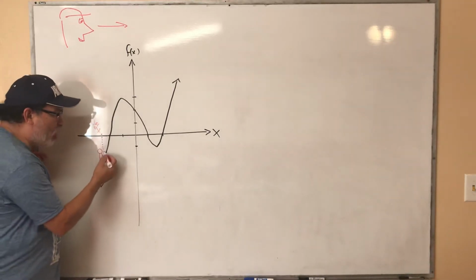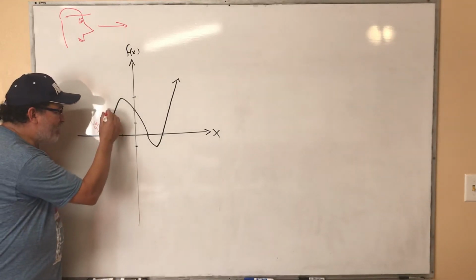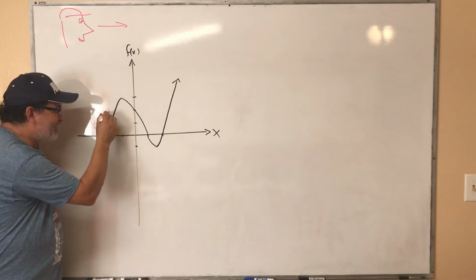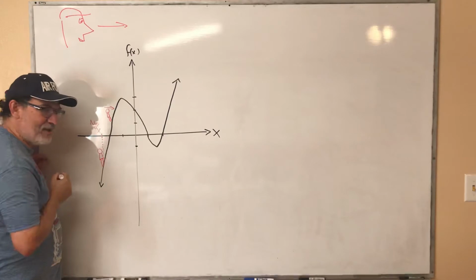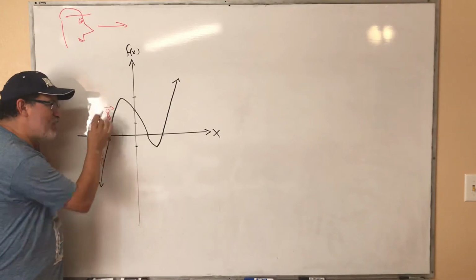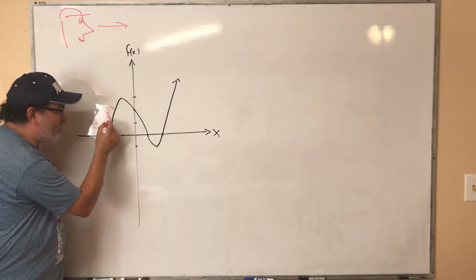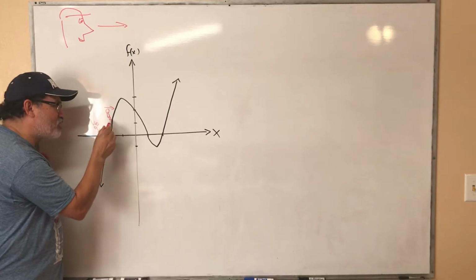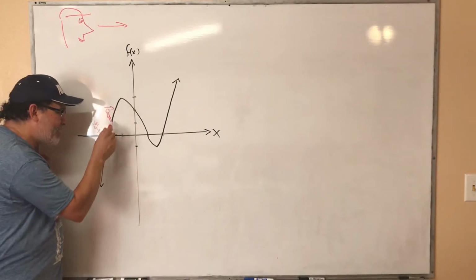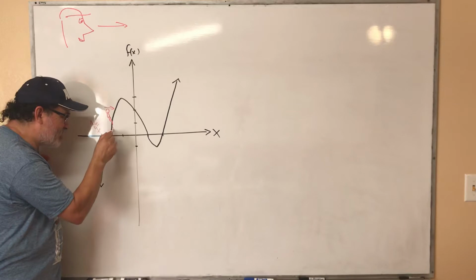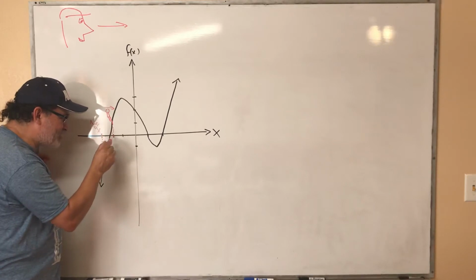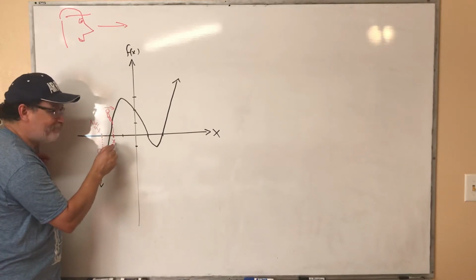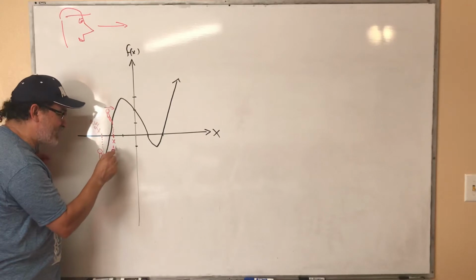So you continue walking this way, and you get to this point. You're looking that way. Look here, the function is increasing still because you're still walking up. And what is it that you want? You want this x value. This x value is negative.